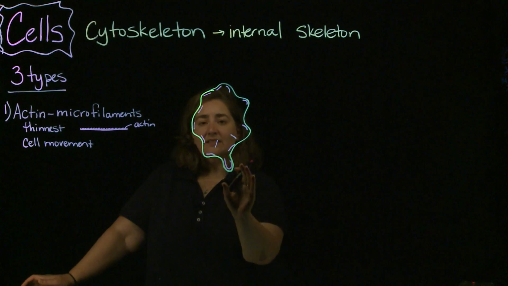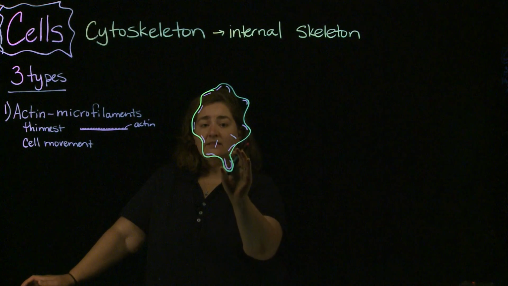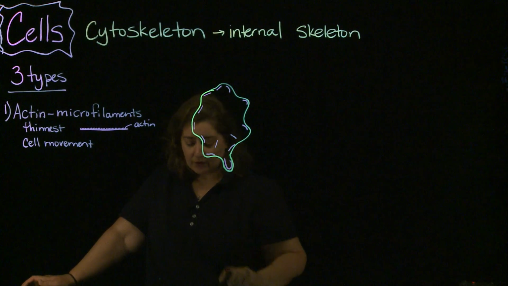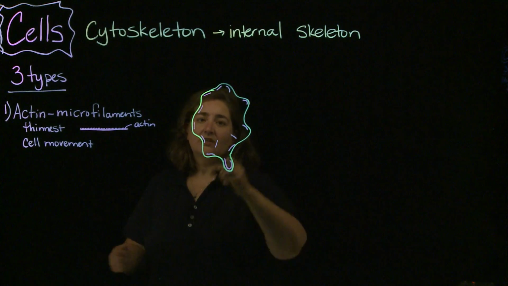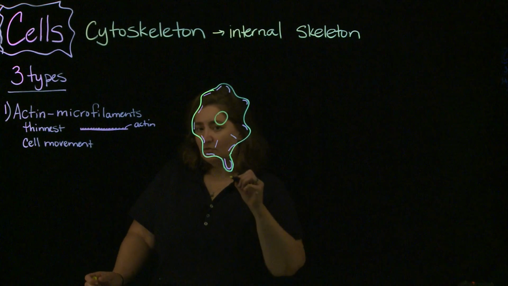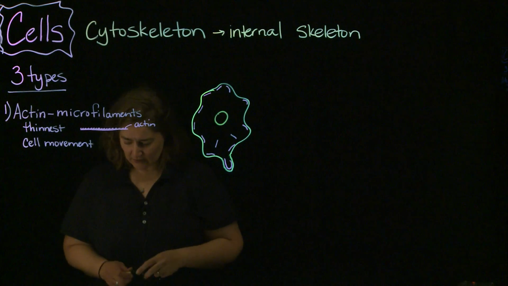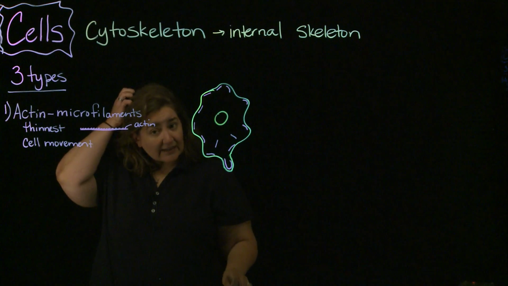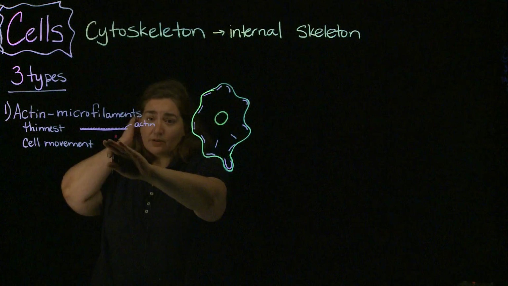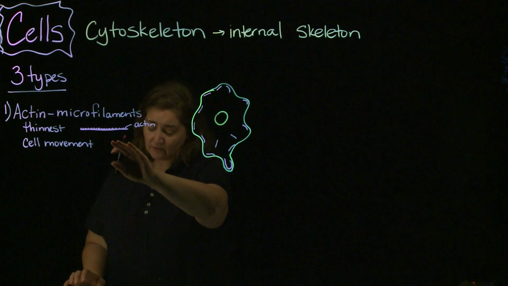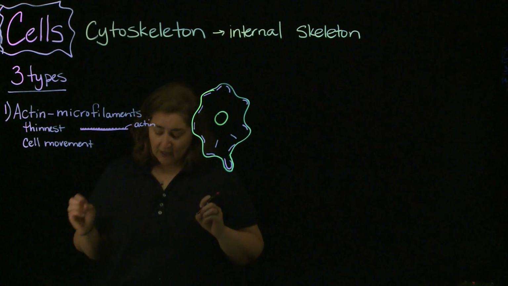And that's going to be how the actin generates movement within our cell, all right? And I should, with our cell, put our nucleus here so it looks like a proper fried egg, all right? But the actin, that's going to be our thinnest of the three filaments I'm going to talk about. It's involved in cell movement.